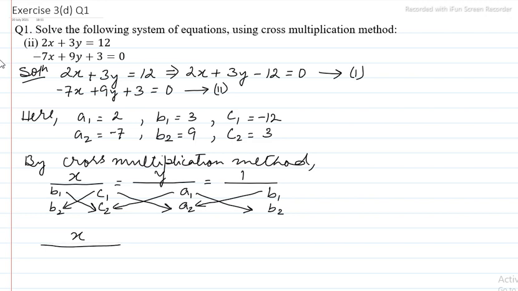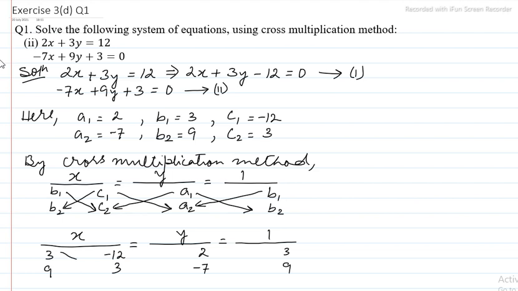b1 b2 is 3 and 9, and c1 c2 is minus 12 and 3. Now for the value of y, a1 a2 is 2 and minus 7, and 1 upon b1 b2 again is 3 and 9.